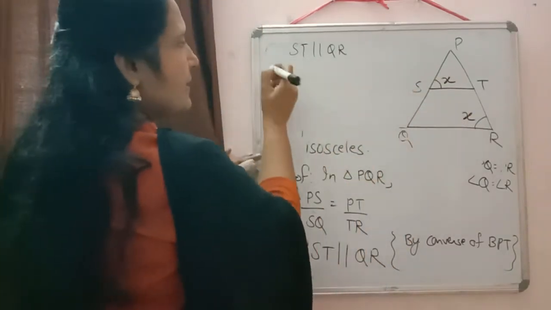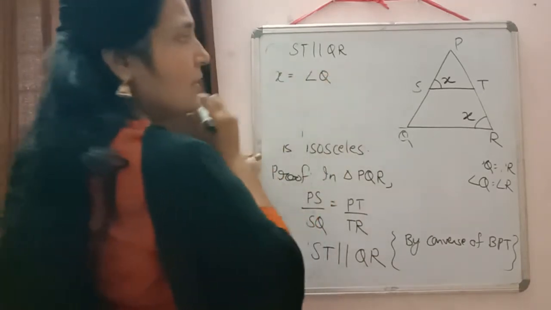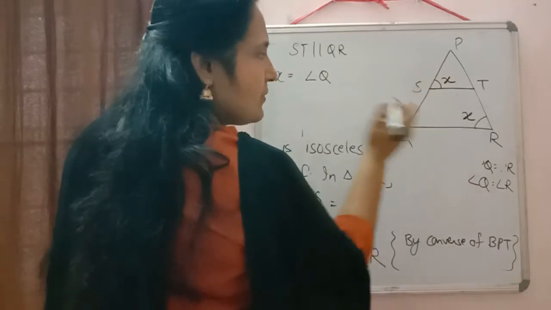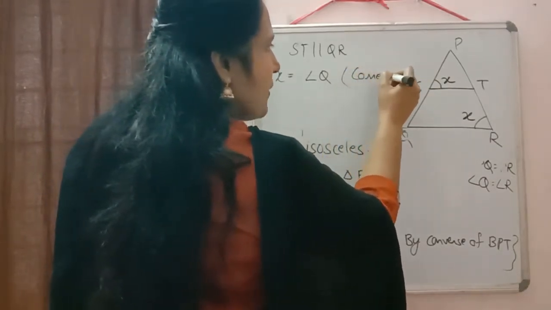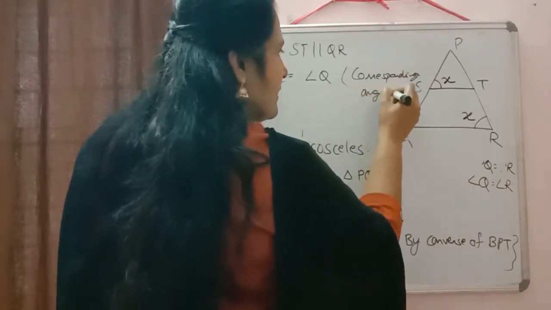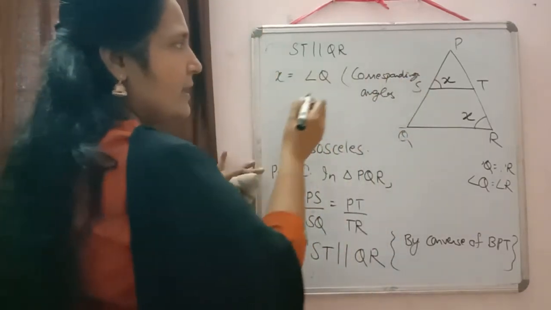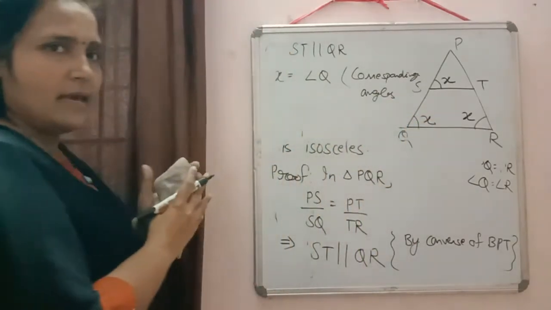So we write X is equal to angle Q. Reason you can write there: corresponding angles. So what we got here? Angle Q is also equal to X.